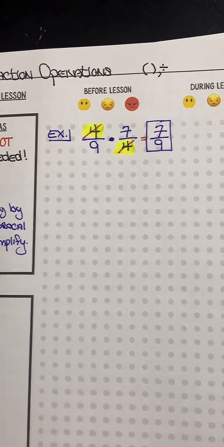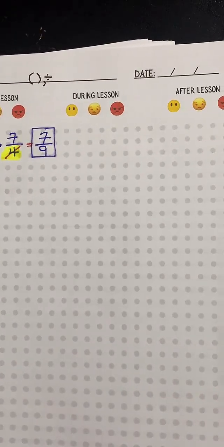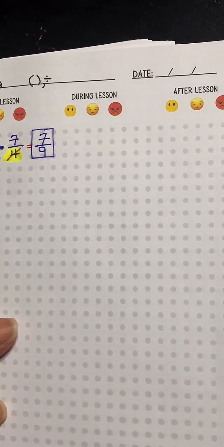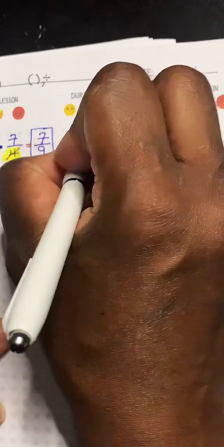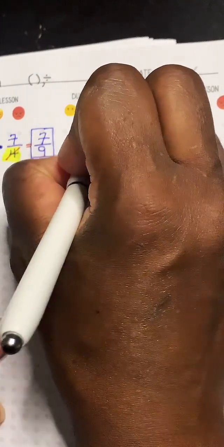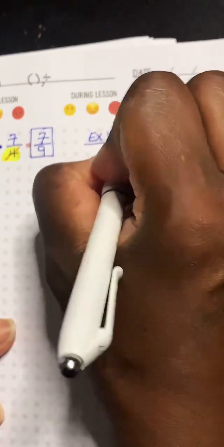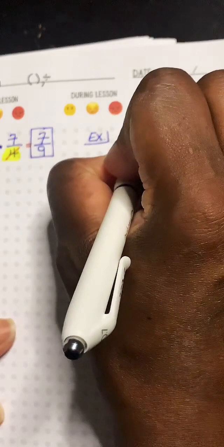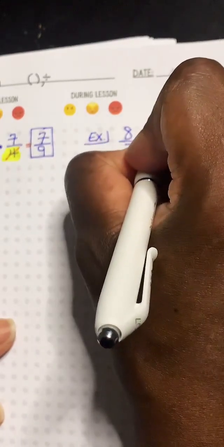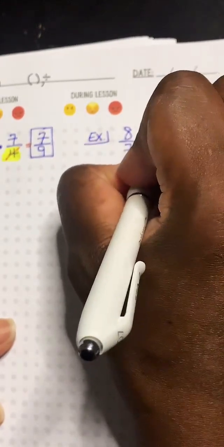So I'm going to slide on over a little bit. Let's say we have 8/7 times 7/10.